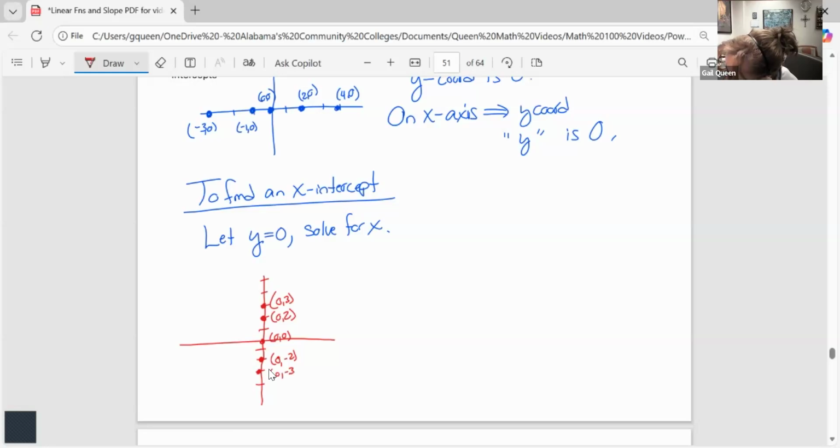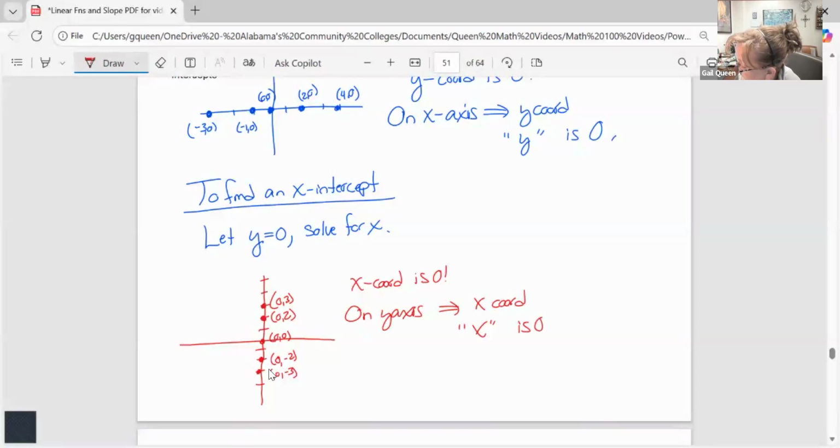All right, so all of these points, what do they have in common? If I am on the y-axis, then the x-coordinate for the point has to be 0. So if you're touching the y-axis, then automatically the x-coordinate, or the x in the equation, is 0.